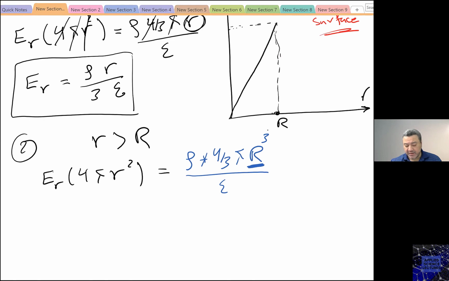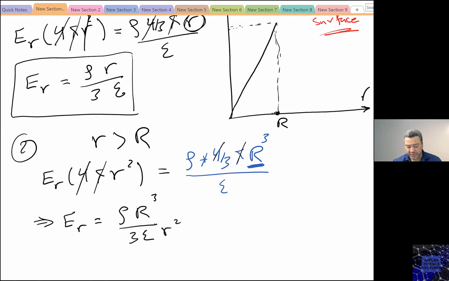Here I cannot cancel the R. The 4 is going to cancel. Pi is going to cancel. So my electric field now, E_r, becomes rho R cubed over 3 epsilon r squared.